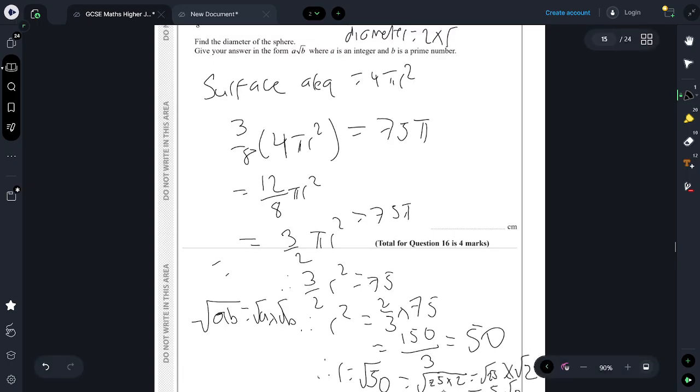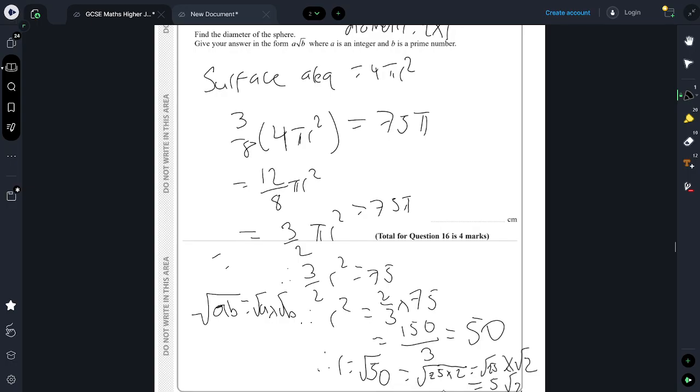So therefore, the diameter. Make sure you use extra paper if you need to go off the box. Obviously, I'm not in an exam, but if you need more paper, that's what you do. But make sure your writing is in the box in the real thing. So the diameter is 2 times r, as we just said. But we know r is 5 root 2, so it's going to be 2 times 5 root 2.